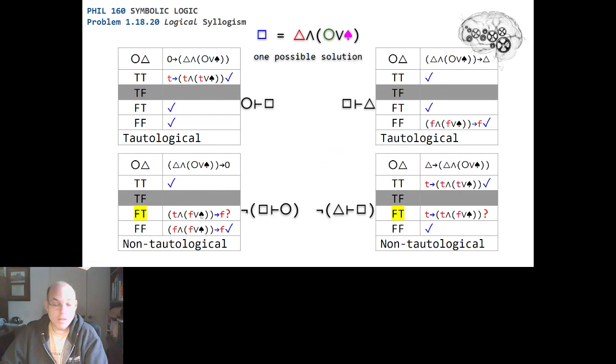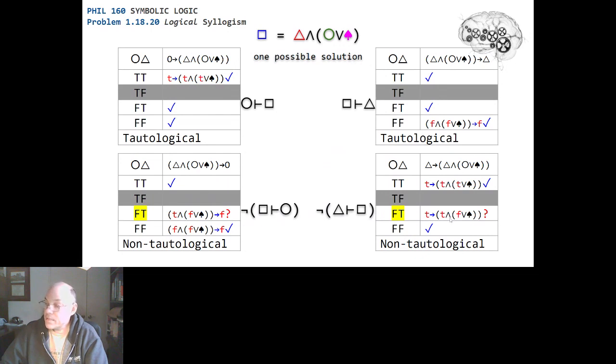And in the other case where spade is false, then it doesn't work out. If we look at the other side, there's no guarantee that there's a tautology here, that spade sets up the situation where we can't guarantee a tautology. So that's looking pretty good. We'll come back to that in a moment.